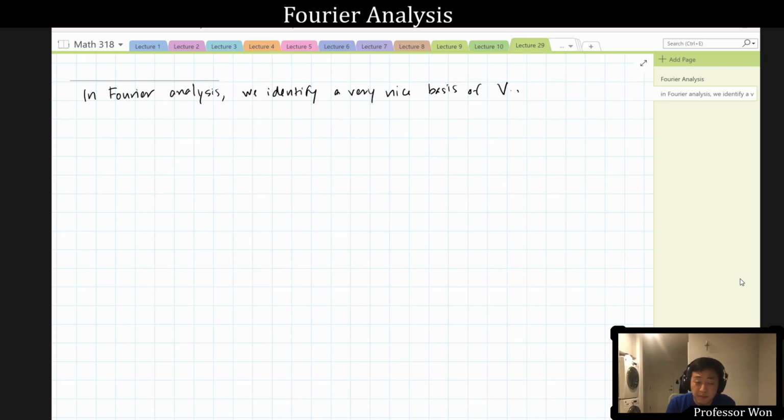Now, of course, it's an infinite basis, so you could have an infinite linear combination. But it's an even nicer basis in that if you take most of the functions that we are interested in, we'll identify the first few terms of the basis as sort of being the most important ones.